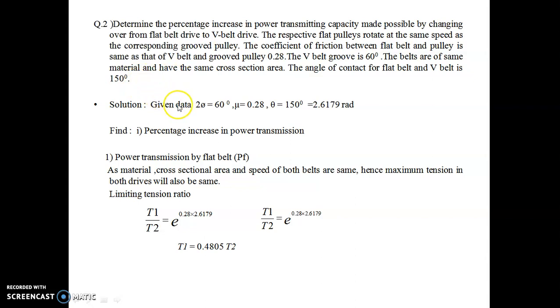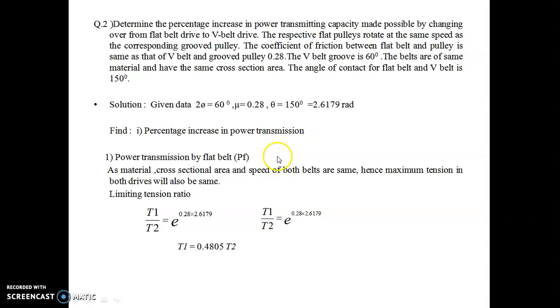So we'll write down the given data first. 2 phi 60 degree, that is the groove angle. Then mu, coefficient of friction 0.28, it is same for flat belt and V belt. Theta, angle of contact 150 degree, same, that is 2.6179 in radian. We have to find out the percentage increase in power transmission.